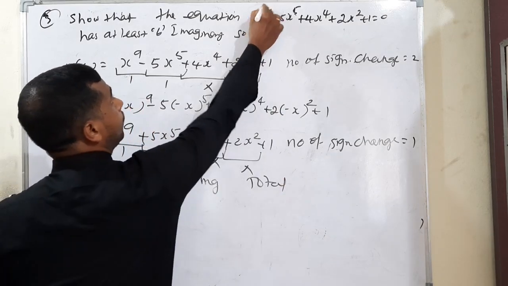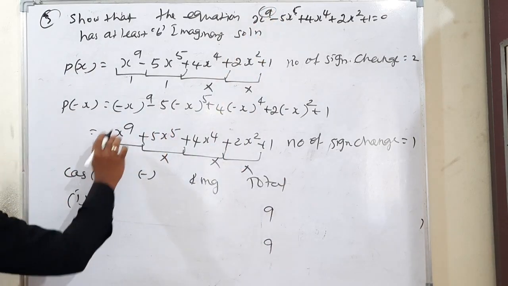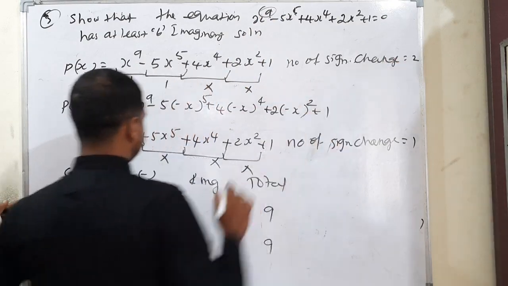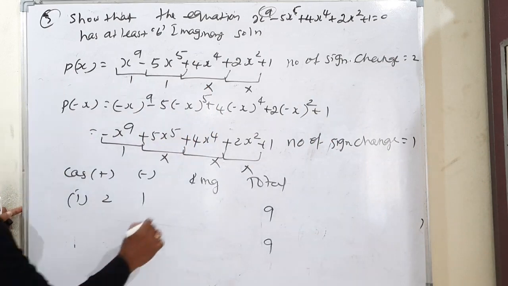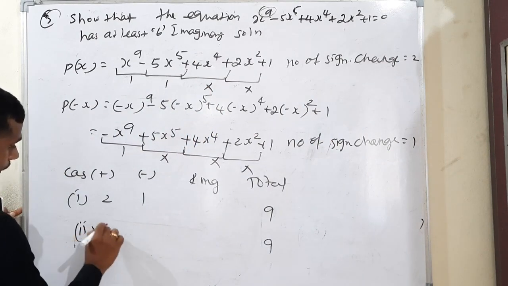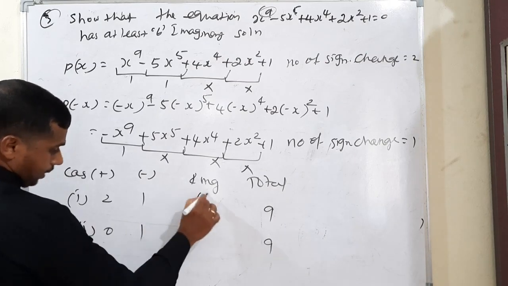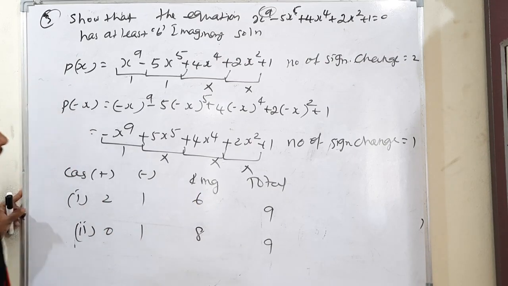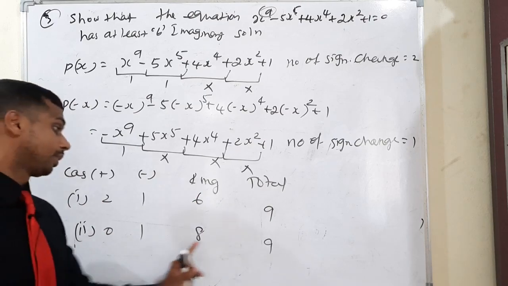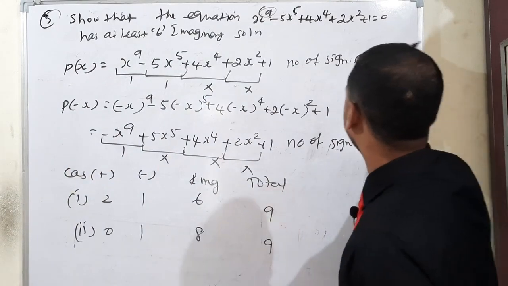In total we have how many roots? 9 roots. So in case number 1, positive real roots, number of sign changes is equal to 2. Negative, number of sign changes is equal to 1. In case number 2, 2 minus 2 means 0 is a possible case, and there is also 1. So definitely 6 imaginary roots. In case number 1, there are 6 imaginary roots, then 2 plus 1 plus 6 is equal to a total of 9 roots.